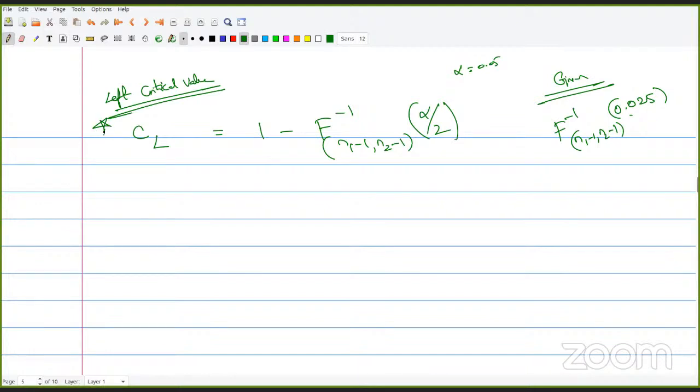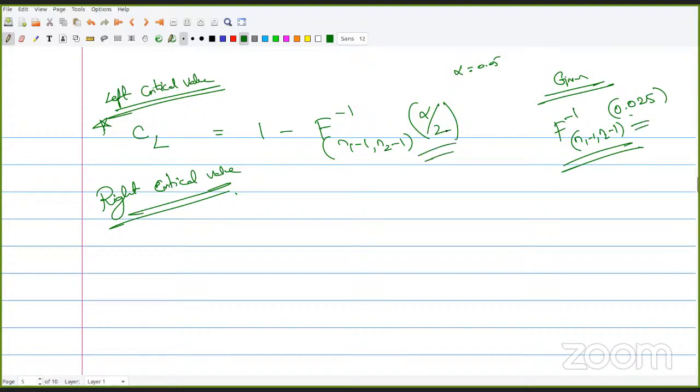Is this from the exam perspective, or will it matter otherwise if I calculate something else? If you don't know the distribution values, like if you use Colab, if you know F inverse of this particular thing, you can compute the left critical value and the right critical value both.